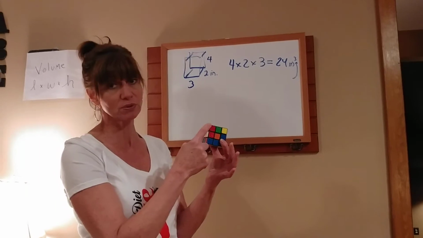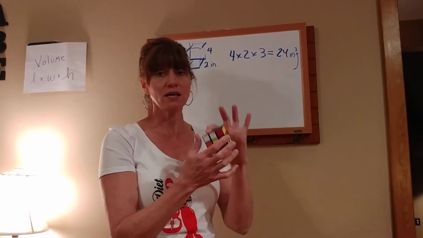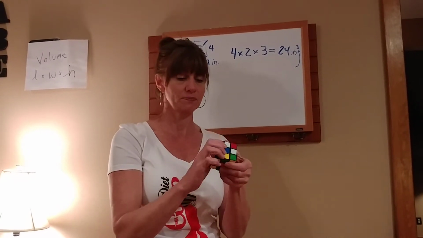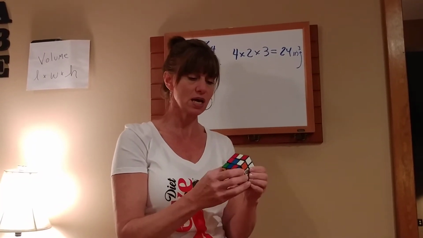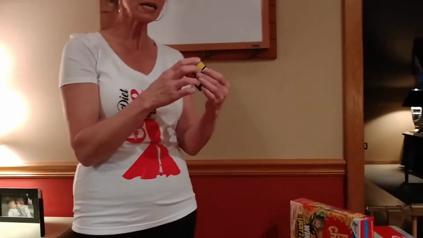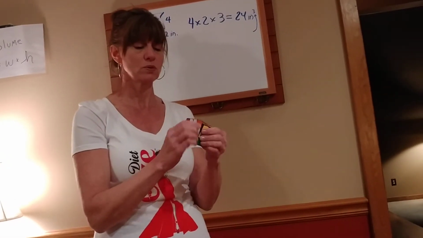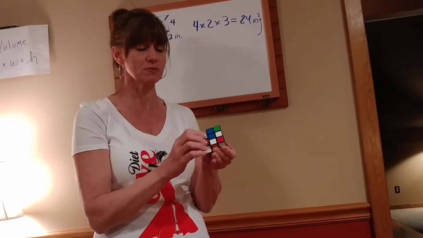So 3 times 3 is 9, 9 times 3 is 27. Any rectangular prism is easily found if you just multiply length times width times height.